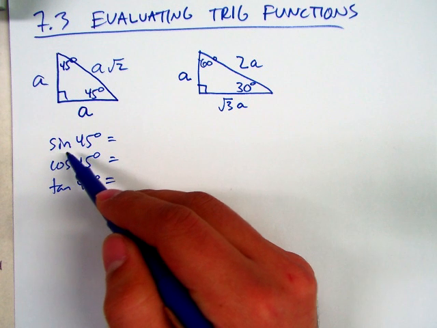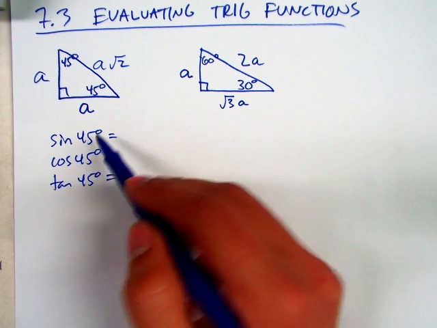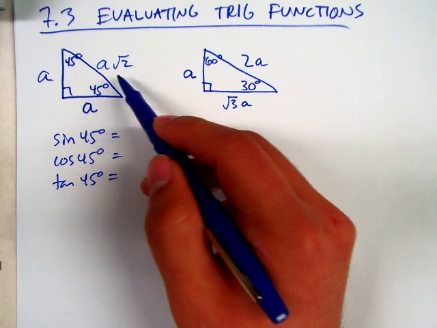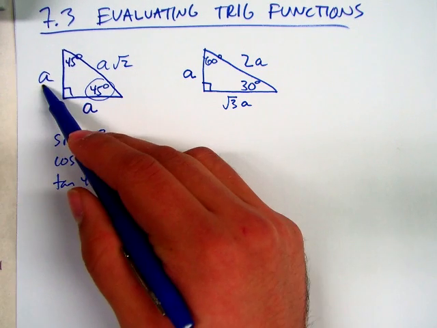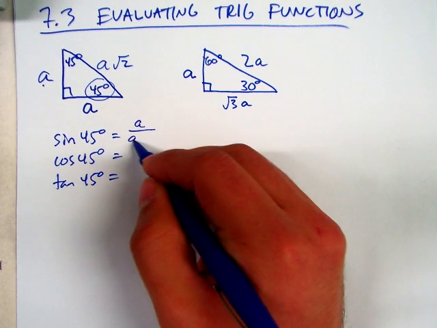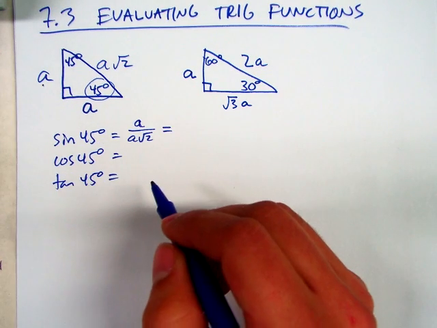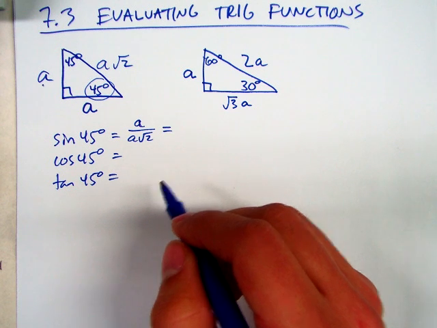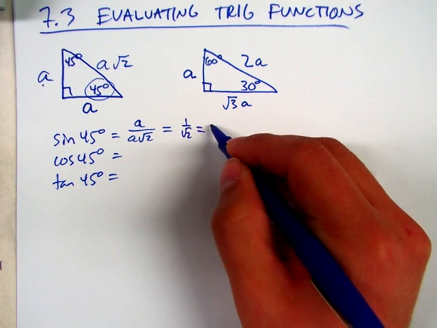To find sine, let's say I'm looking at this one. You do what over what? Opposite over hypotenuse. So A over A root 2, which proves that it doesn't matter what length of the sides we have, if it's 45, 45, 90, you're going to get 1 over root 2, which is root 2 over 2.